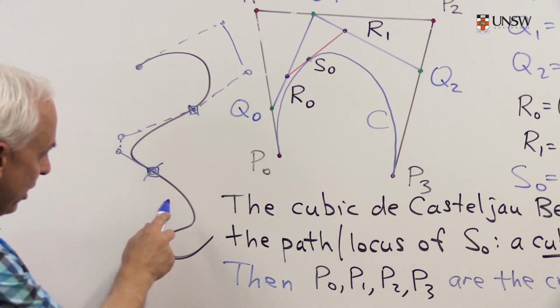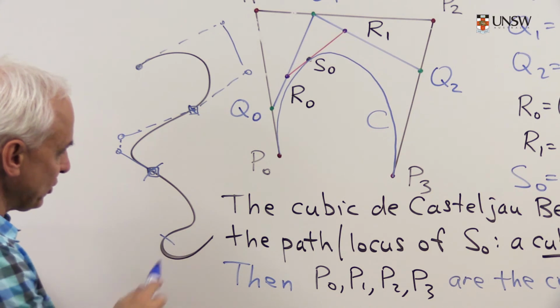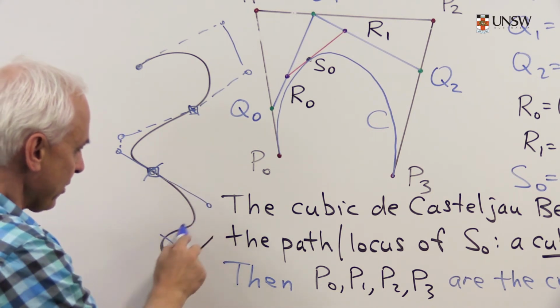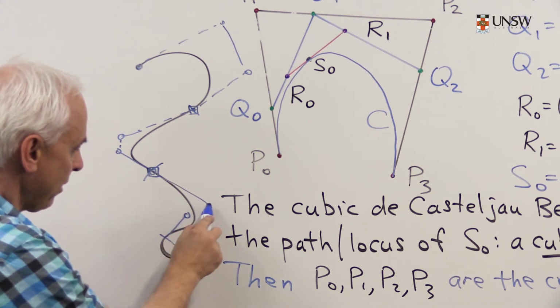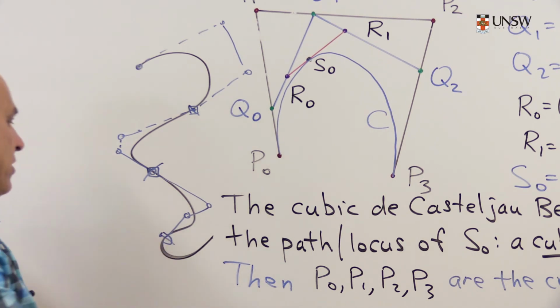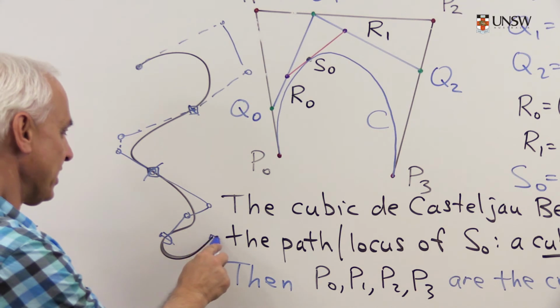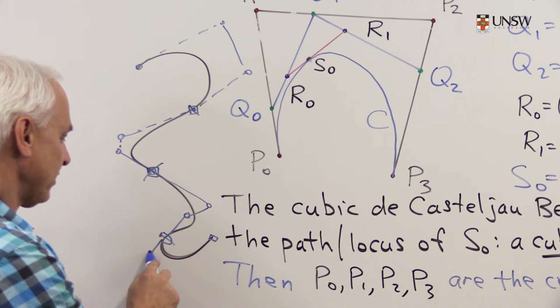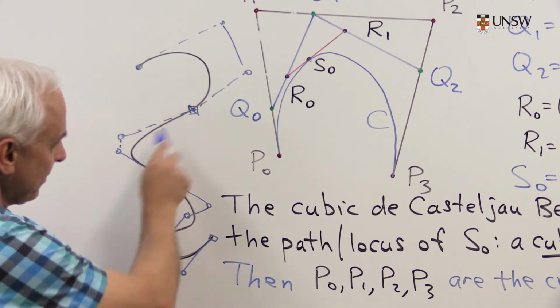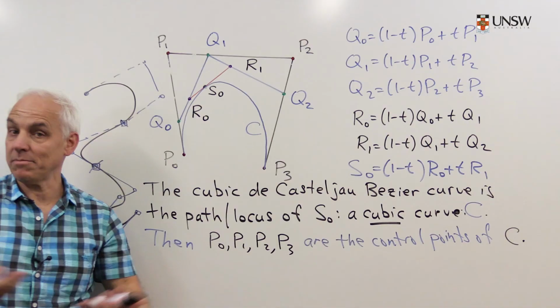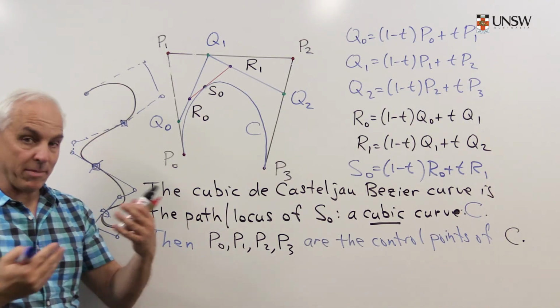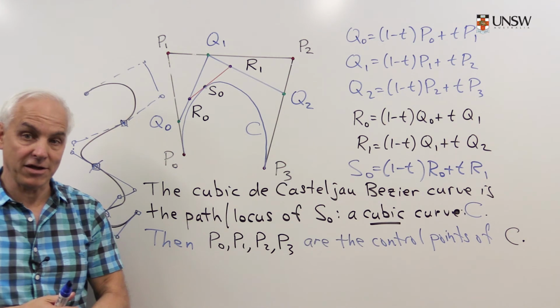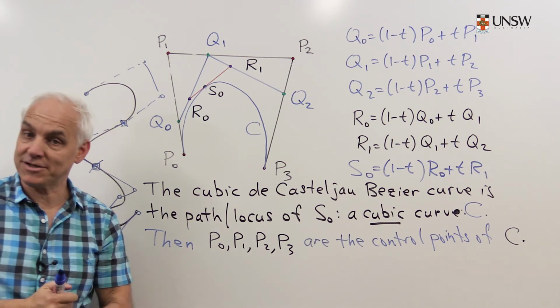And so you can carry on doing that, breaking the curve up into suitable pieces, creating little cubical Bezier curves, and then putting them together to get the entire curve. That's the basic strategy for describing all kinds of interesting shapes, including fonts.